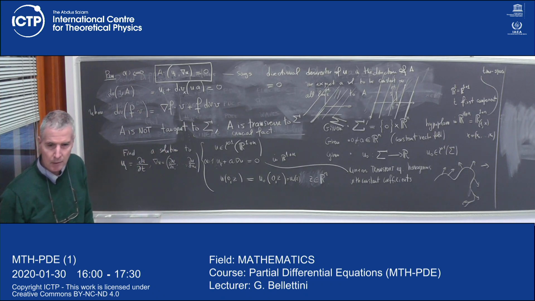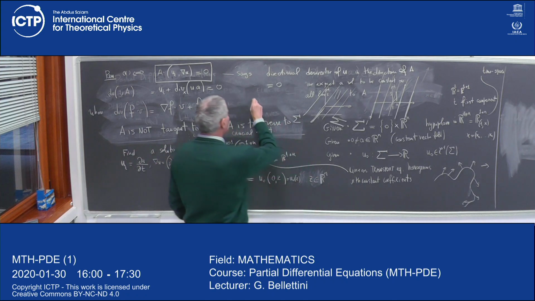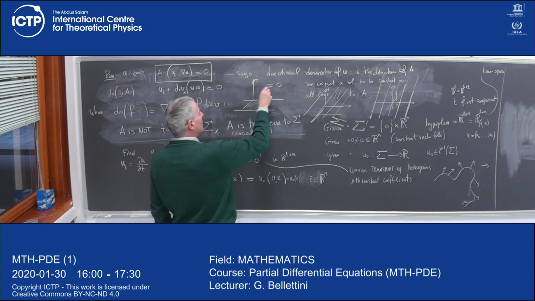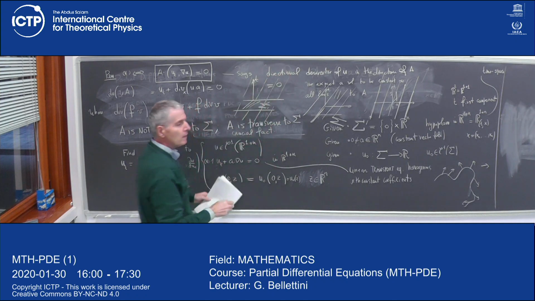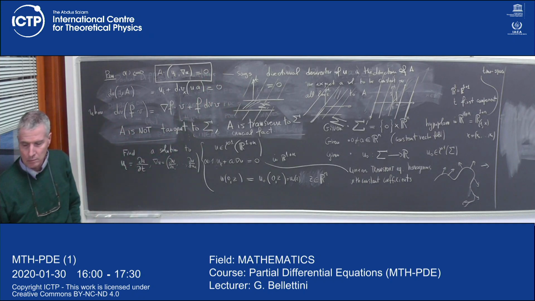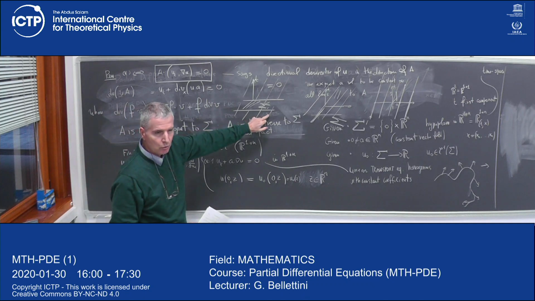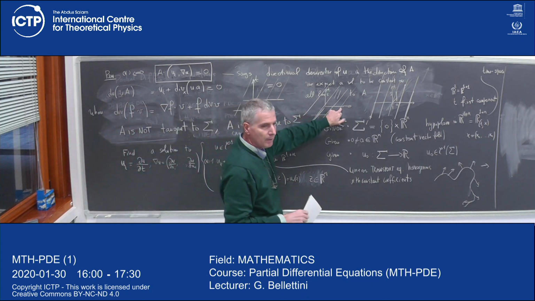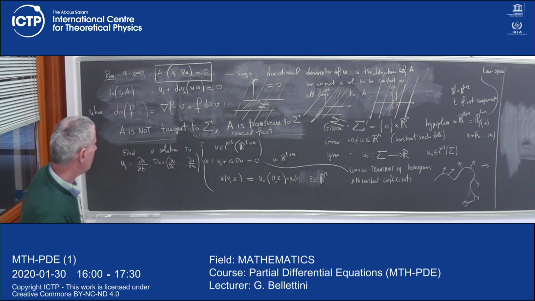Is this clear? Of course, if you are in 3 dimensions, sigma is a plane now. No? And the lines are still lines, and u must be constant on each of these lines. These lines now have codimension 2 in R3, while this line has codimension 1 in R3. There is a difference. Remark.